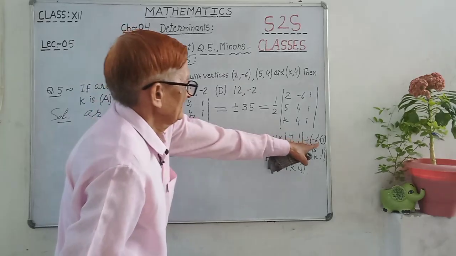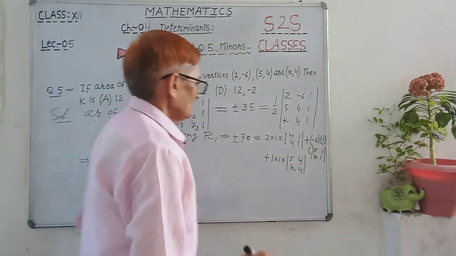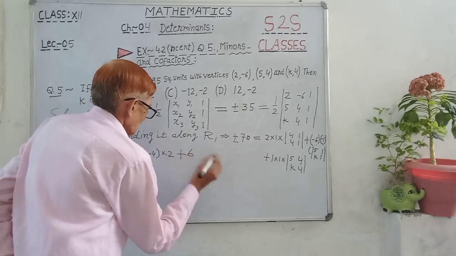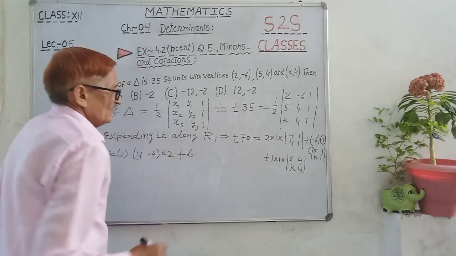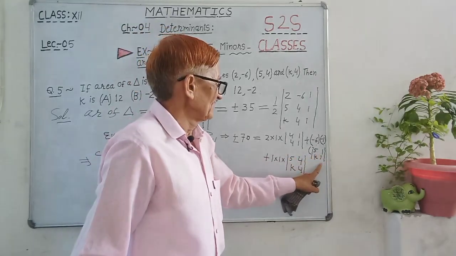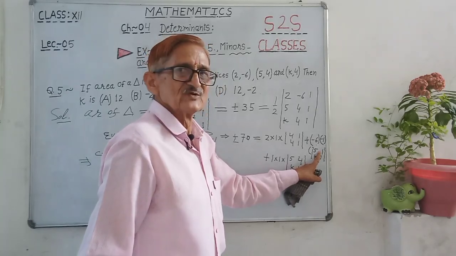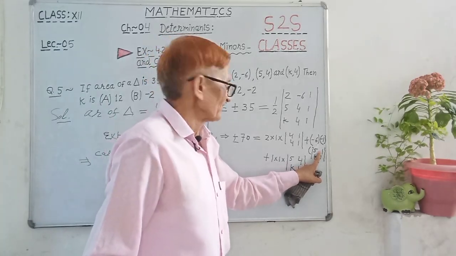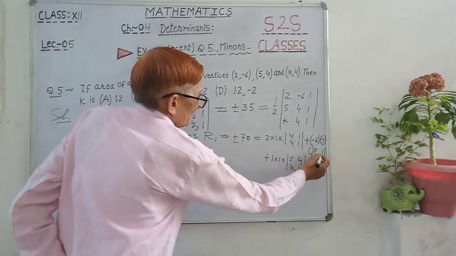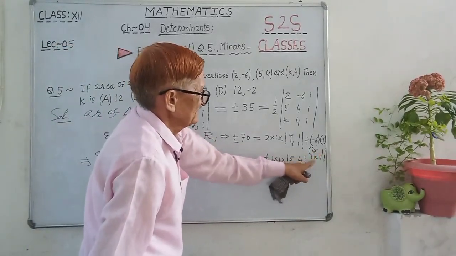Then here, minus 6 into minus 1 gives plus 6, so plus 6 into, expand it: 5 into the remaining element 1 is 5, and plus 1 into minus 1 into 4, so minus 4, so 5 minus 4, 5 minus k.